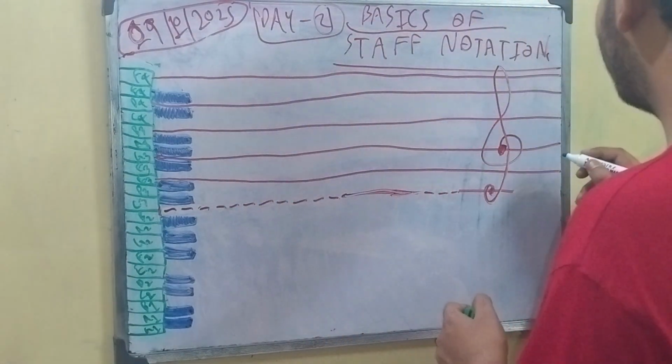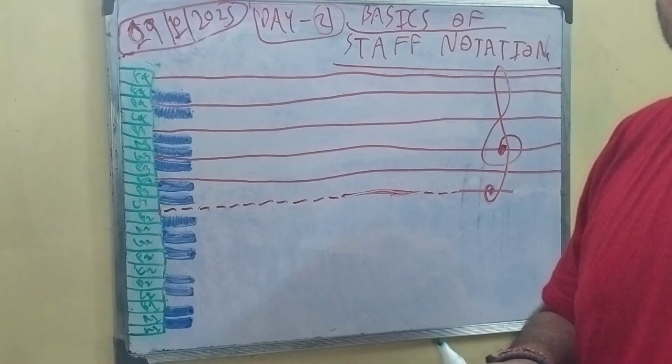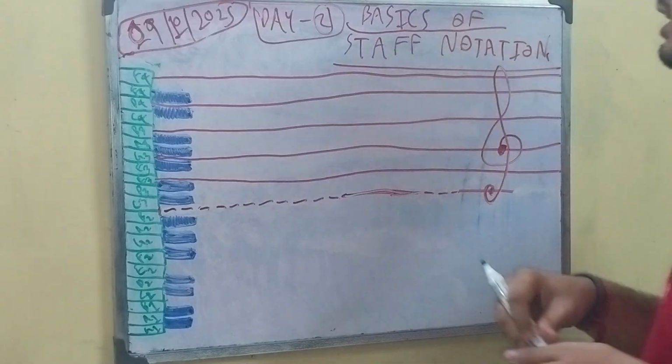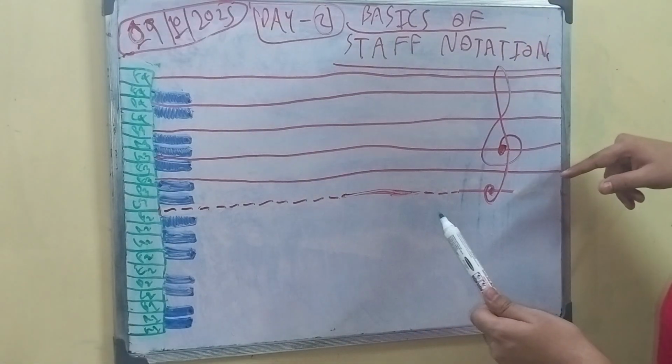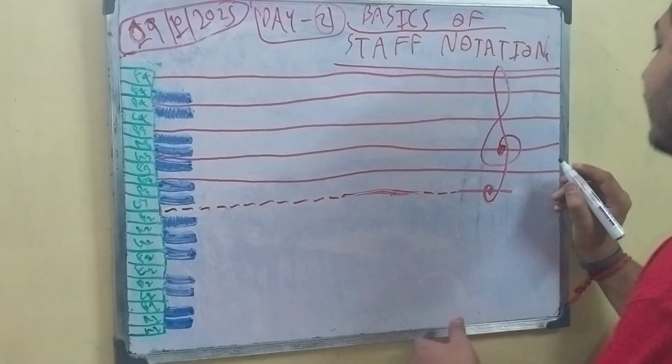First I am going to mark the lines. Always remember, my dear students, the lines are counted from lower to upper, not upper to lower. They are counted from the lowest one to the upper.